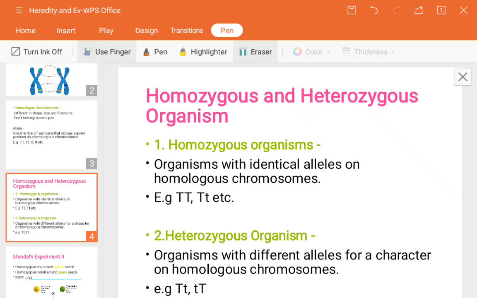Homozygous means in both the tallness was there, so that is TT. Even if it may be a hybrid one, the tallness is there, which is the dominant one. That is a homozygous organism. Next, heterozygous organisms have different alleles of a character on a homologous chromosome. So sometimes in homologous chromosomes, what happens, guys?